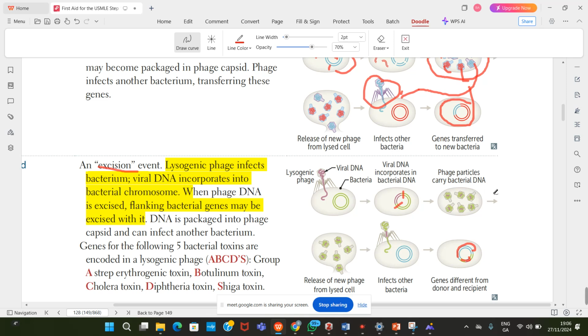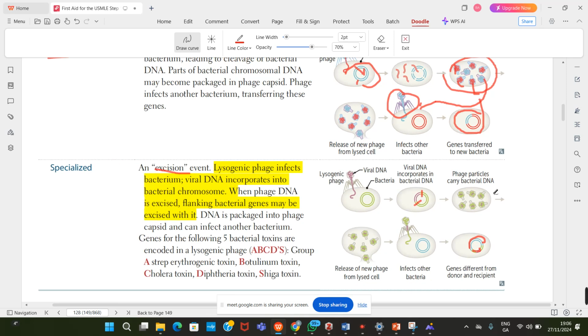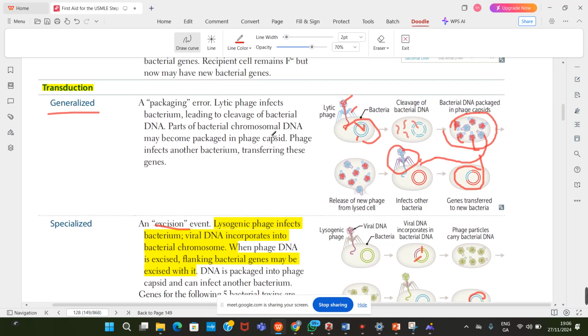So specialized is much more abundant in terms of the genes involved for the new cell. It will contain the gene of the lysogenic phage, the gene of the old bacteria, and the gene of the new bacteria. But for lytic, it's only containing the gene of the new bacteria and the gene of the old bacteria. That is all.